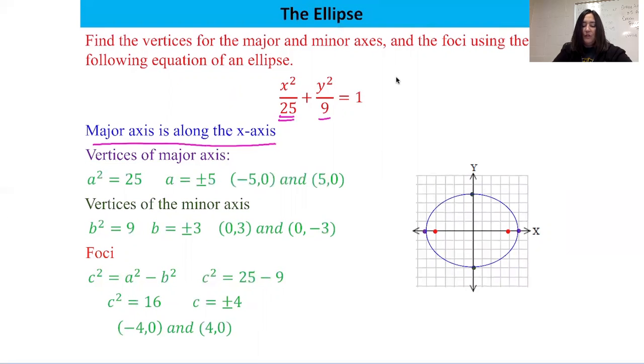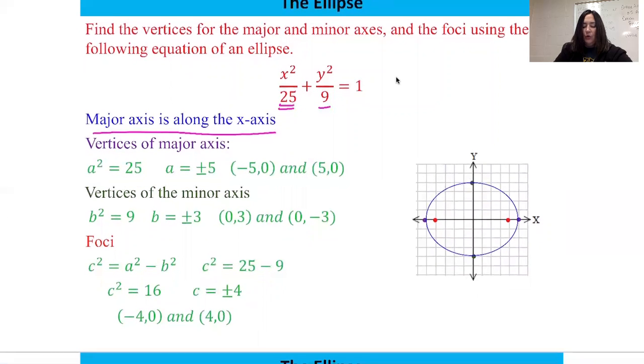So we take the square root of that value, which gives us A is plus or minus 5. Those are our vertices. For the vertices on our minor axis, we take the square root of the 9, which gives us plus or minus 3.